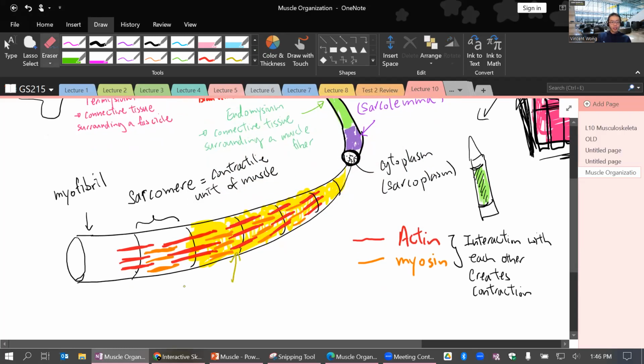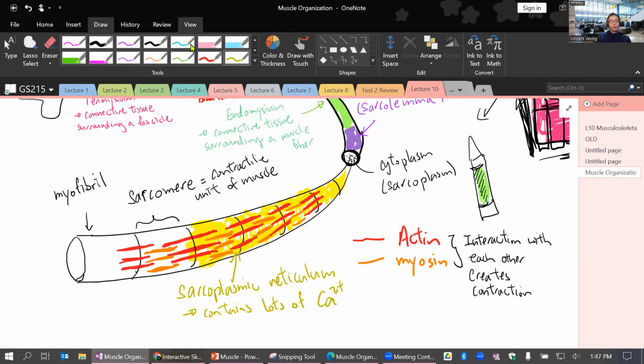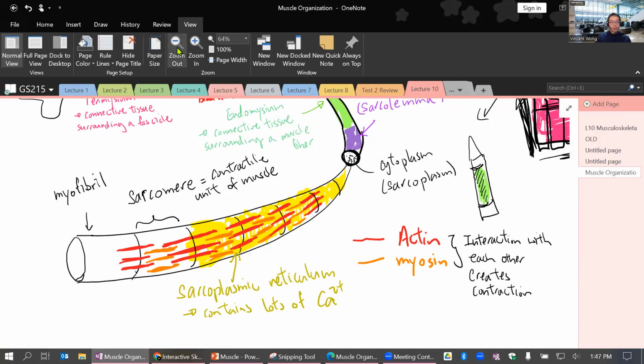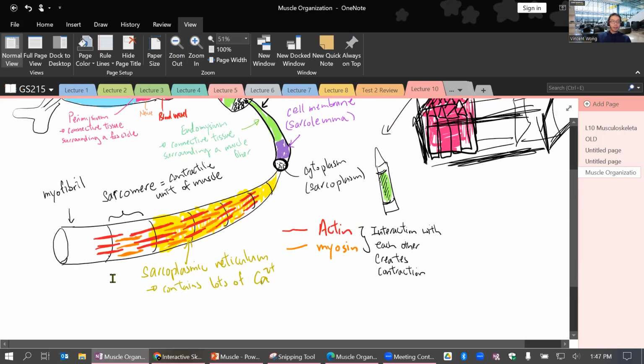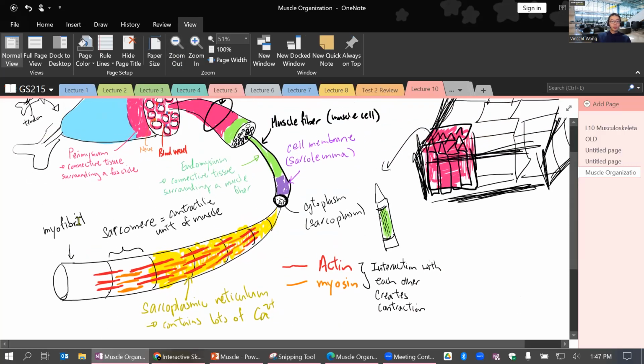This yellow thing that I'm drawing is called the sarcoplasmic reticulum, which contains lots of calcium. We're going to talk about the role of calcium in a bit, but that here is the diagram for the muscle organization.